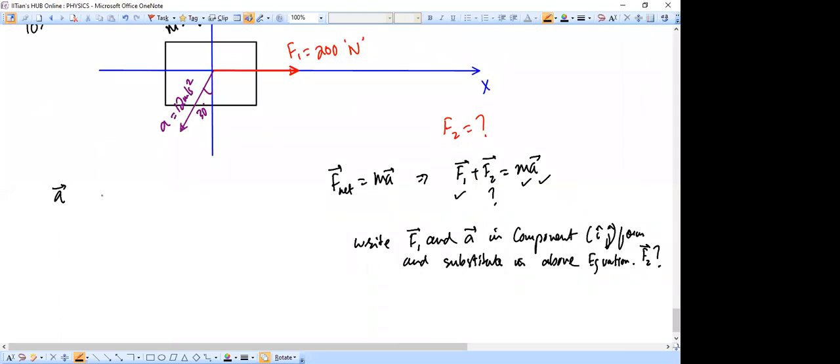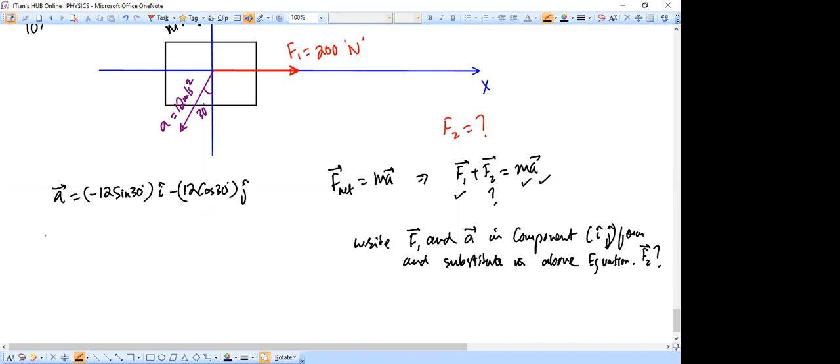It will have an x component of minus 12 sine 30 and a y component of minus 12 cos 30.